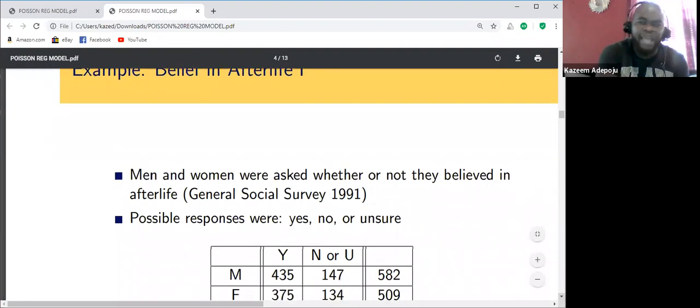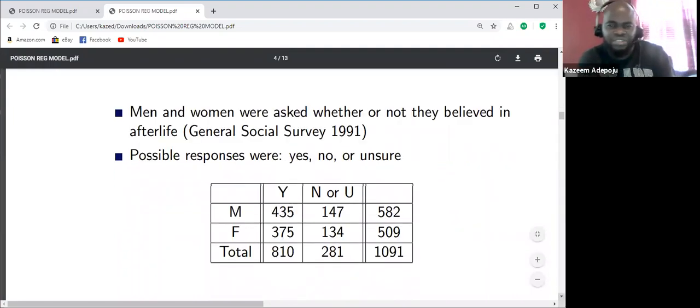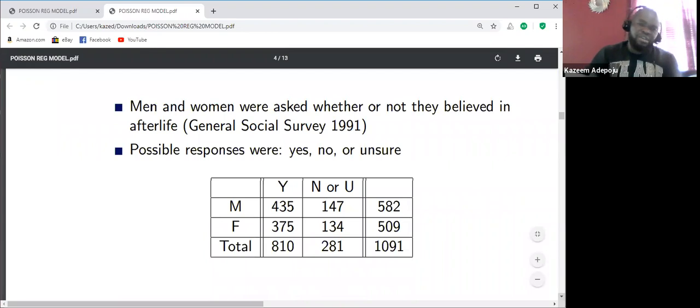What do we mean by afterlife? Afterlife is just that, when we die as human beings, is there something after? People have been talking about heaven, people have been talking about different kinds of stuff. So is there going to be afterlife? That was the question that was asked in this general survey that was conducted in 1991.